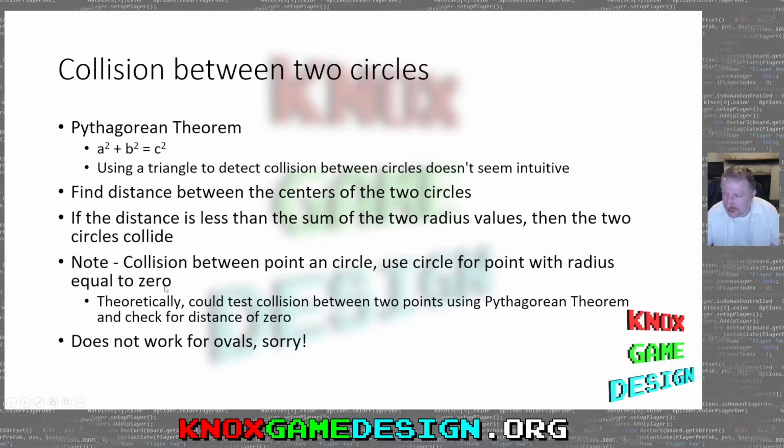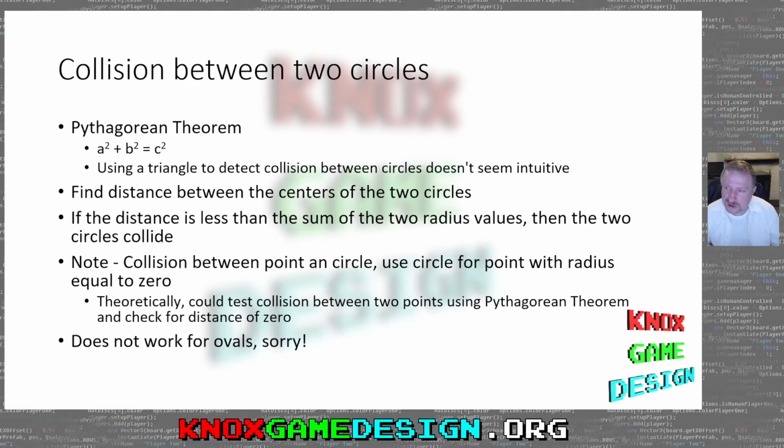I'll also mention I won't specifically have a slide for calculating whether just a point collides with a circle. But basically, you can determine whether a point collides with a circle by using a circle of radius 0 as your point. So it has an x and a y, and your radius would just be 0 for a point. So all this applies to a point and a circle as well.